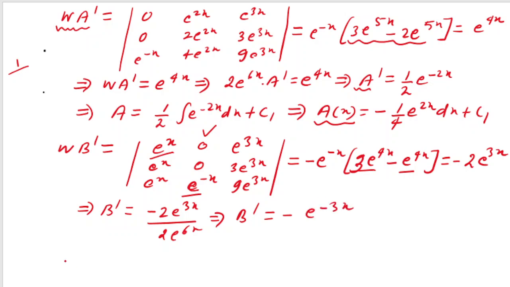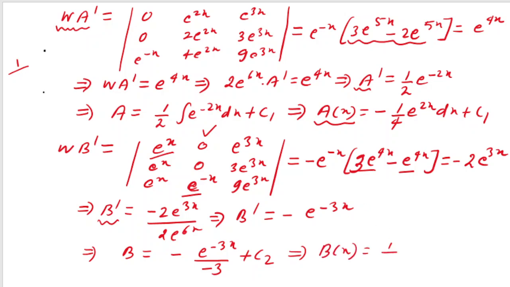Okay, so if I have to get B, I have to integrate because B dash is the derivative of B. So B will be equal to minus integration of e to the power minus 3x, which is e to the power minus 3x by minus 3 plus constant of integration, that is c2. So we have got B(x) also. This will become plus 1 by 3 e to the power minus 3x plus c2.